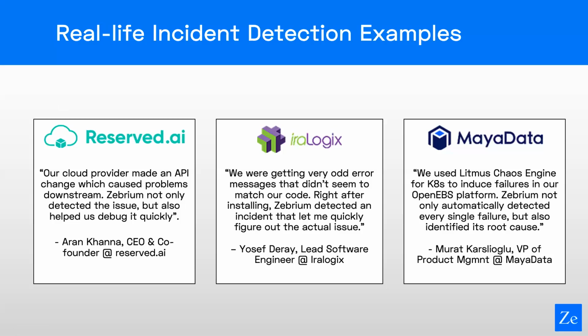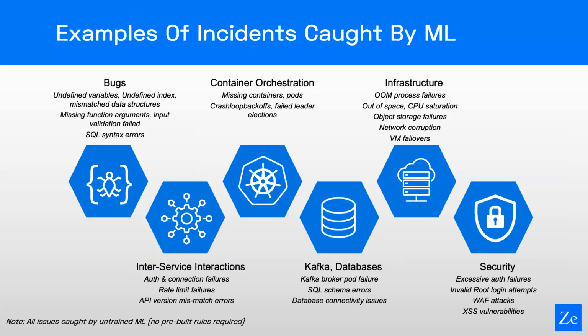So I say that because it kind of demonstrates the breadth of what we can do. And in that vein, you can see this slide again covers really the breadth of the types of incidents that we pick up. Now, this is not meant to be an exhaustive list. It's just meant to show you the variety of things that our machine learning picks up without any kind of instrumentation. So that's the end of the formal presentation.